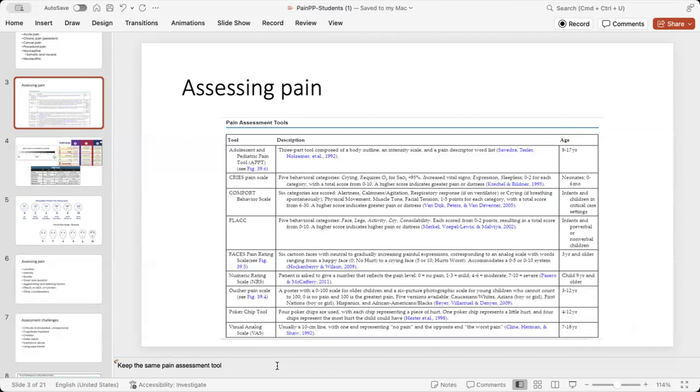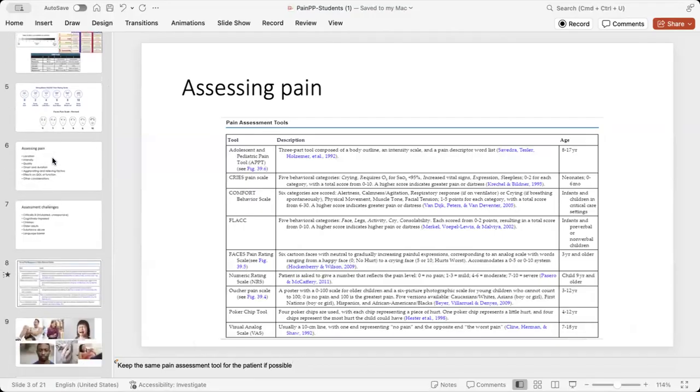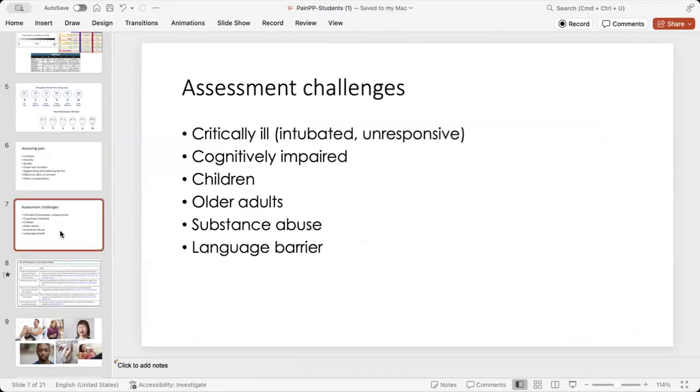Good. All right. And those are some examples of pain scales. There's a few here, the Wong-Baker, but a lot of these are located in your book.